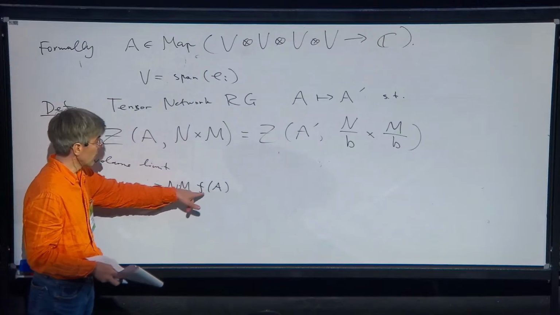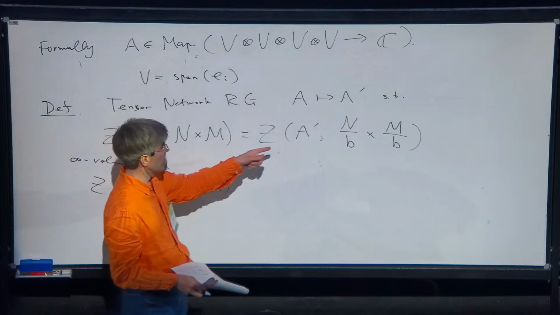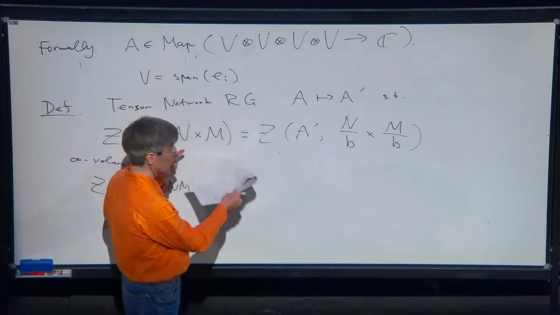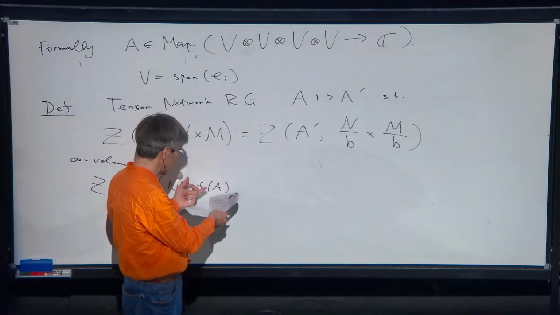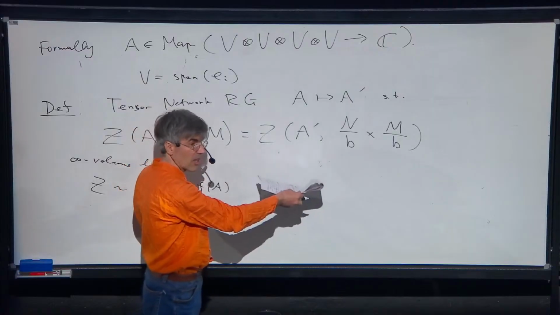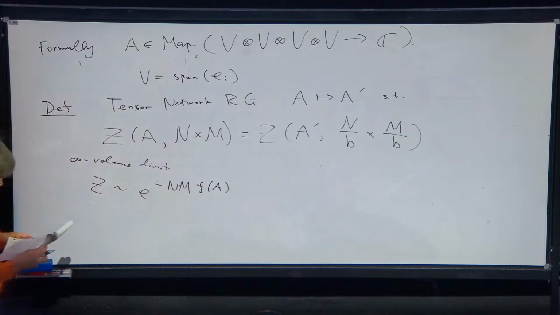It tells you that f of A is trivially expressible in terms of f of A prime. And if I'm going to have a fixed point, then this is basically going to tell me what f of A is, and it's going to allow me a one-line proof that an infinite volume limit exists. So that's going to be very nice.